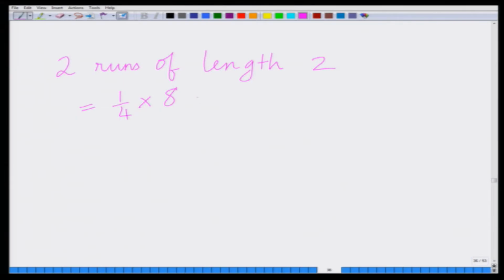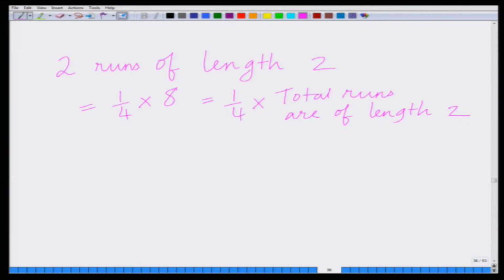So, 1/4 of the total runs are of length 2. So, what we are observing is half of the runs are of length 1, 1/4 of the runs are of length 2.